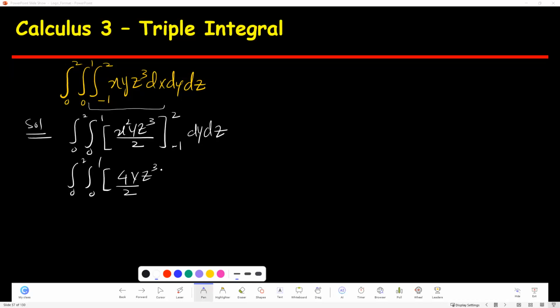So I'm going to be substituting here, then minus y z cubed divided by 2, and then dy dz.